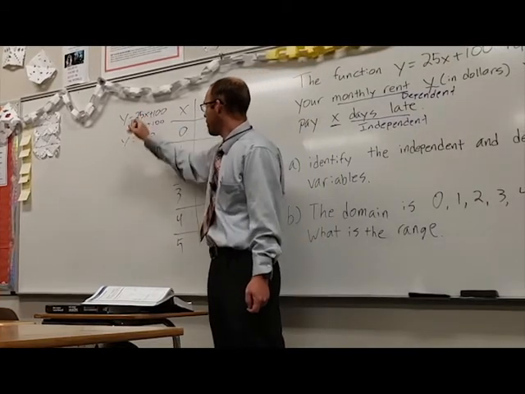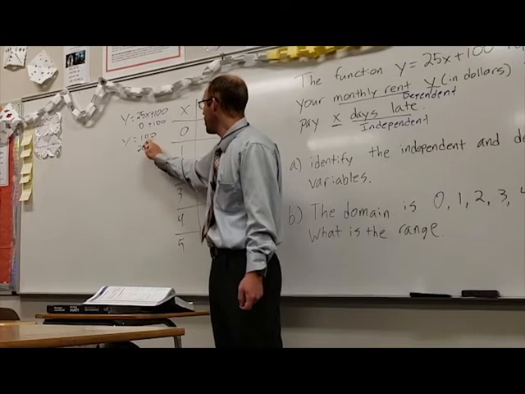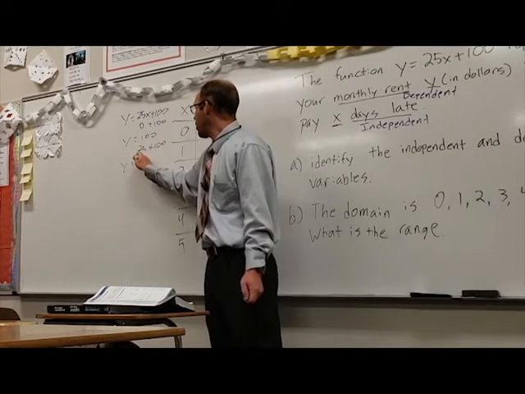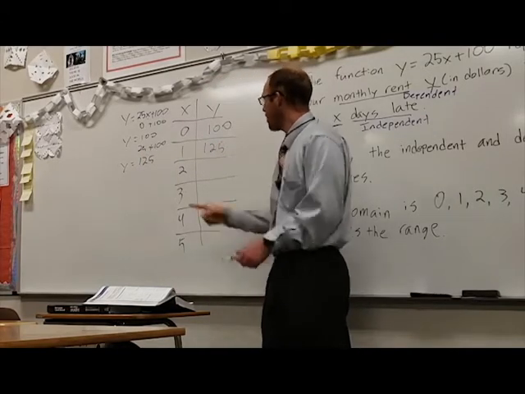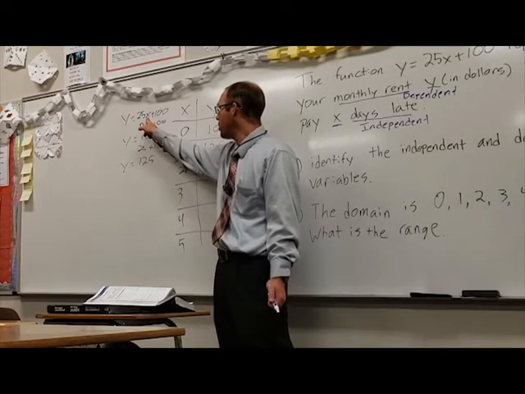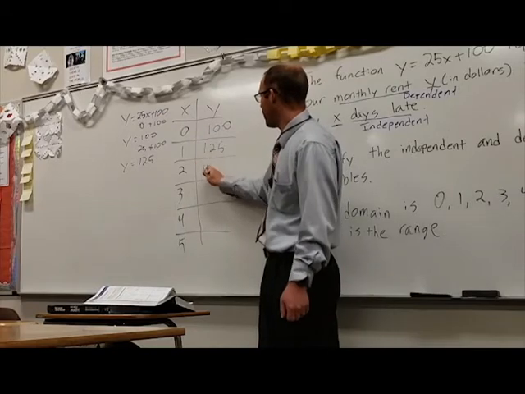If we put 1 in for x, that's 25 times 1, which gives us 25, plus 100. So our y would equal 125 in this case. If we plug our 2 in for x right here, that gives us 25 times 2, or 50, plus 100. So that would be 150.